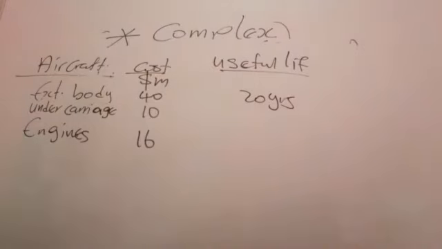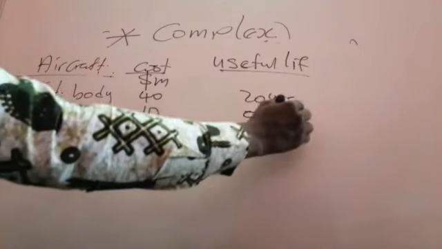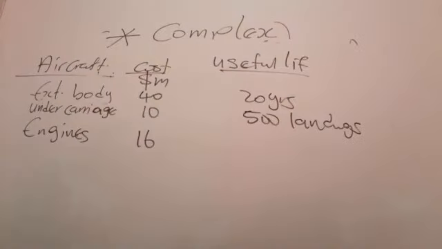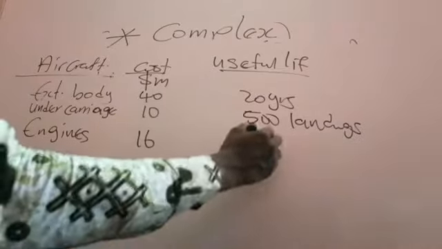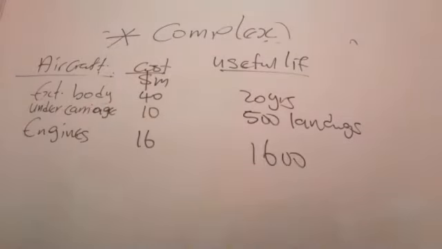But the undercarriage, just as an assumption, will go for 500 landings. Then the engines are going for 1,600 flying hours. Then we are done.